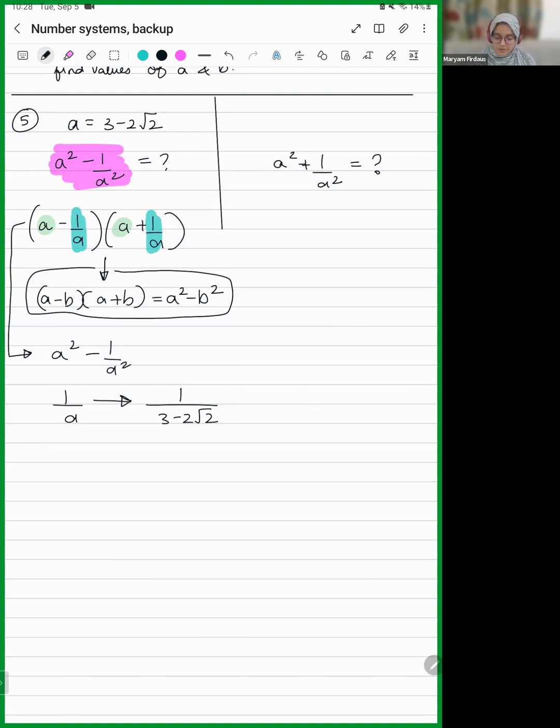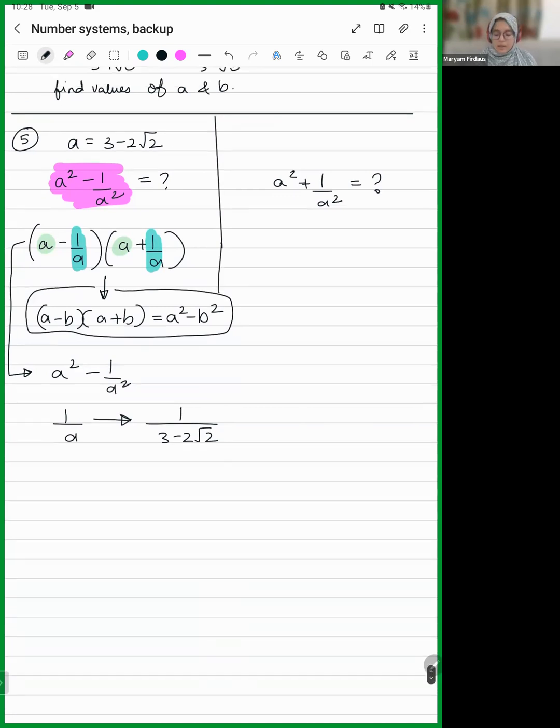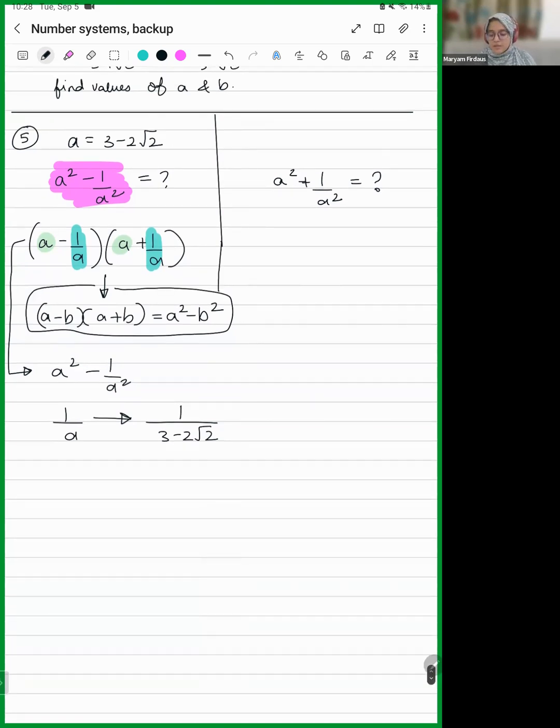Acha, just a minute. Before we proceed, I would also like to tell you that what if they were asking you to find the value of a square plus 1 by a square. In this case, you have to see that a plus 1 by a whole square can be written as a square plus 1 by a square plus 2 into a into 1 by a, right?